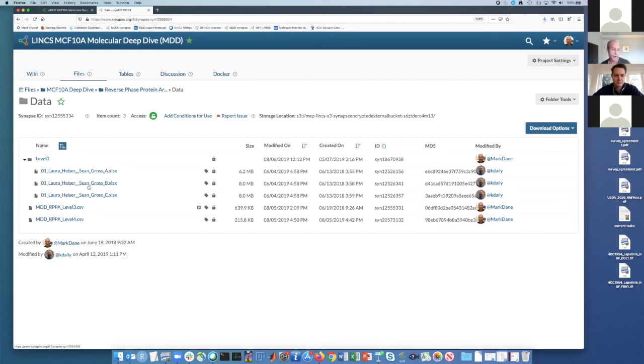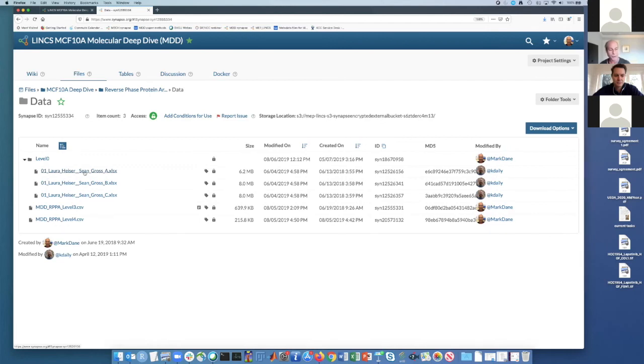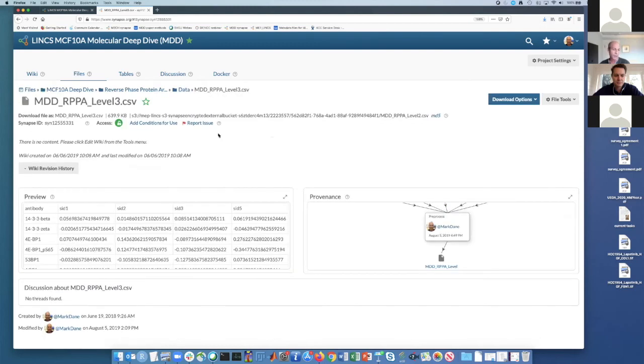So these are files that would come from MD Anderson, who ran the RPPA. And for people that are used to processing RPPA data, these files are untouched, and they can roll directly into their pipelines.